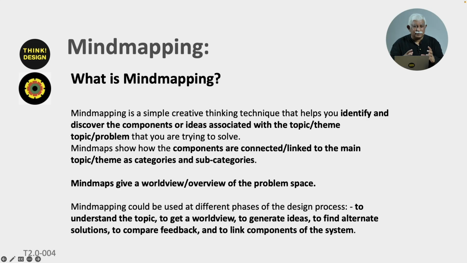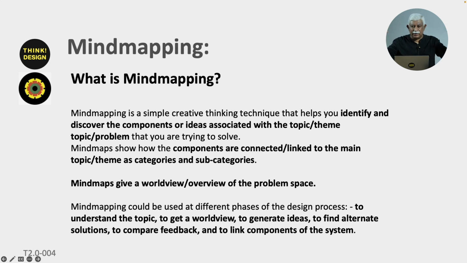Mind mapping is an extremely simple creative thinking technique that will help you identify and discover parts and components of your topic, or it can also be used to generate ideas for your topics. Mind maps show how the components are connected to the main theme. So you form categories and subcategories.